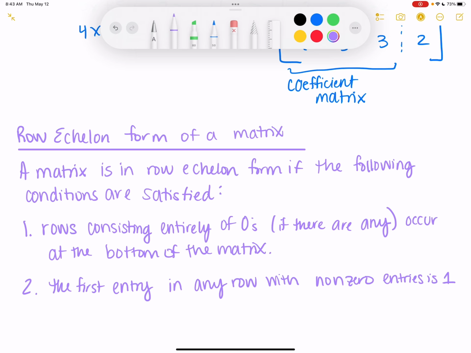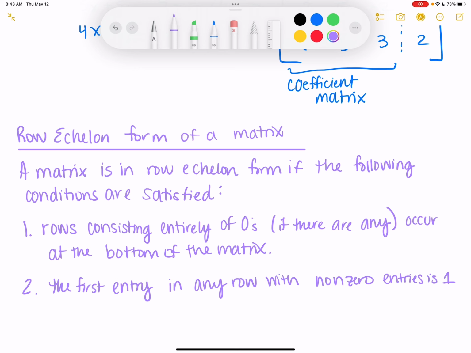Abort mission until this is done. All right, so row echelon form has to have the following conditions. If there are any rows consisting entirely of zeros, they have to be at the bottom of the matrix. Otherwise, the first entry in any row has to be a 1 if it's not 0. You'll see, I'll show you in a minute.